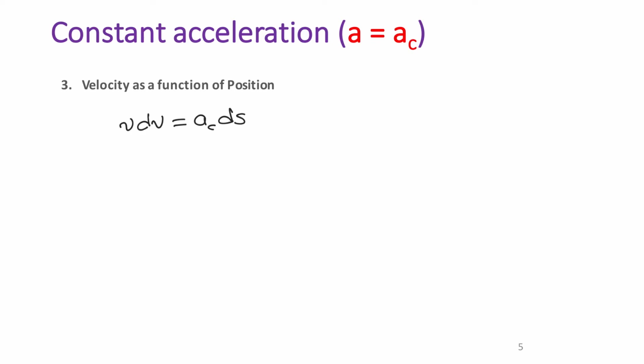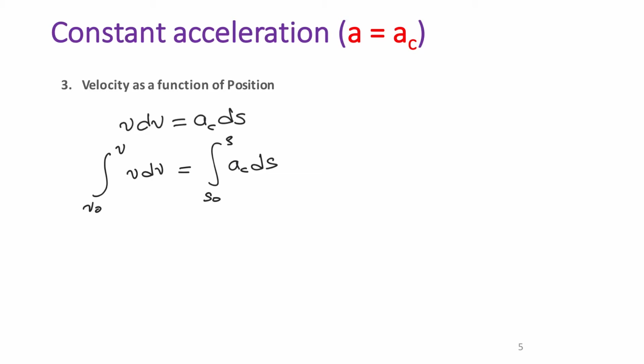In this, we are trying to express the velocity as a function of position. So to continue, we are going to integrate from v0 to v for v dv, which is equal to the integral from s0 to s for a_c ds.